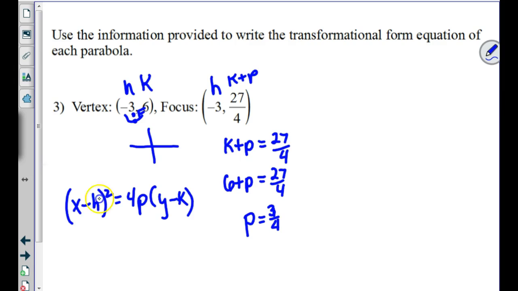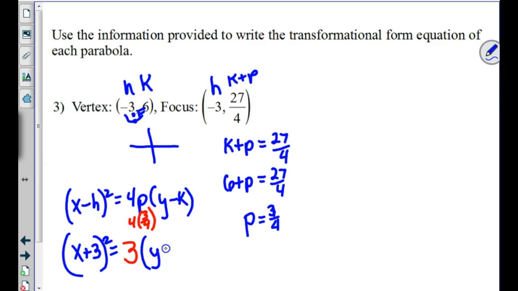And we need to put in a -3 for h, so this will become +3. 4p will become what? Okay, 4 times 3 divided by 4 would be 3. And then it's y minus k, which was 6.